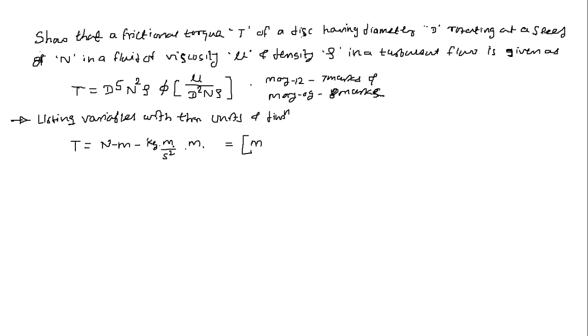Meter has the dimension L, but here meter into meter is there, so meter square, that is L square. Second has the dimension of time, T. It is in the denominator, so it has the power 2, T to the 2 in the denominator, but when you take it in the numerator, it has the power -2. So this is T raised to -2.